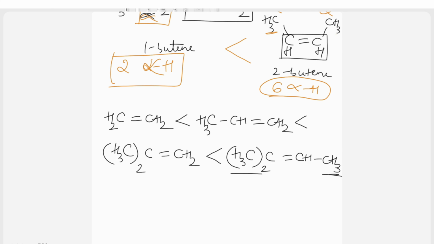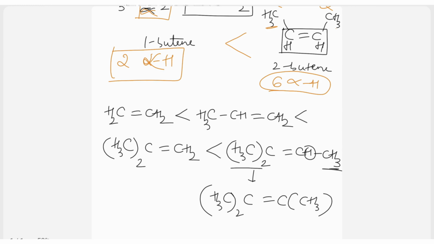Similarly, we can replace this hydrogen also with one more methyl, and we get CH3 twice C double bond C CH3.